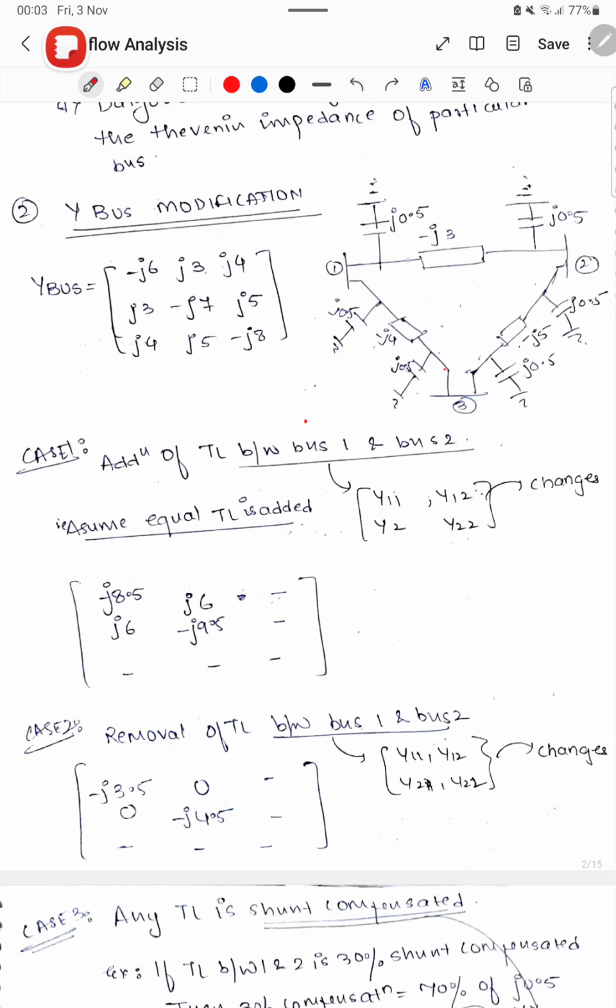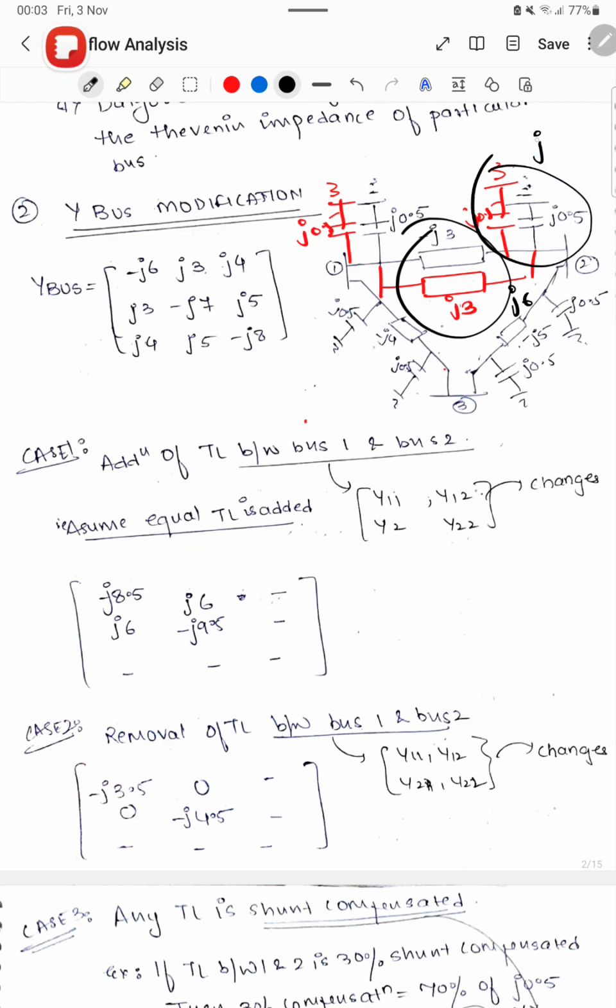Now let's say you are adding a similar transmission line in parallel. Fine. So what will happen here? The effective will become j6, here it will become j1, here it will become j1. Okay, here it will become minus j6. Now let's try.